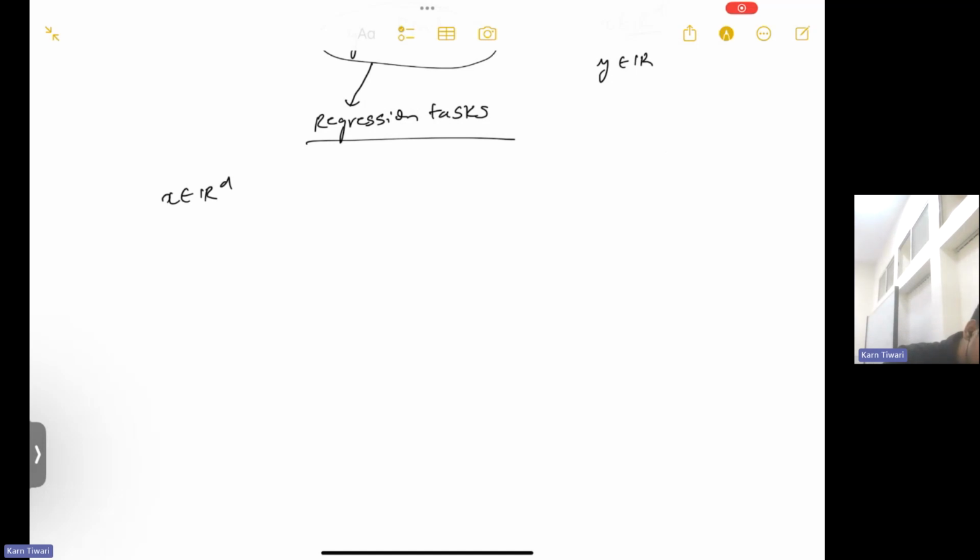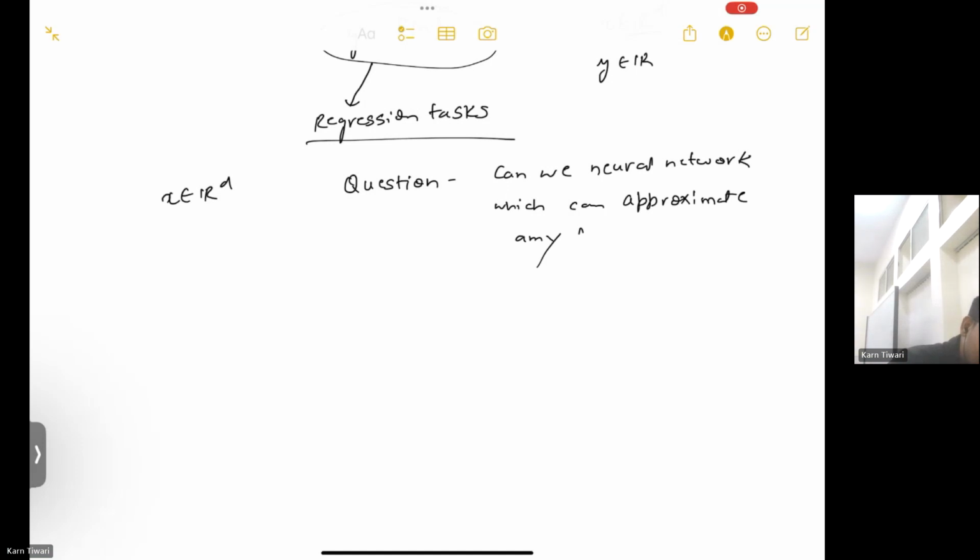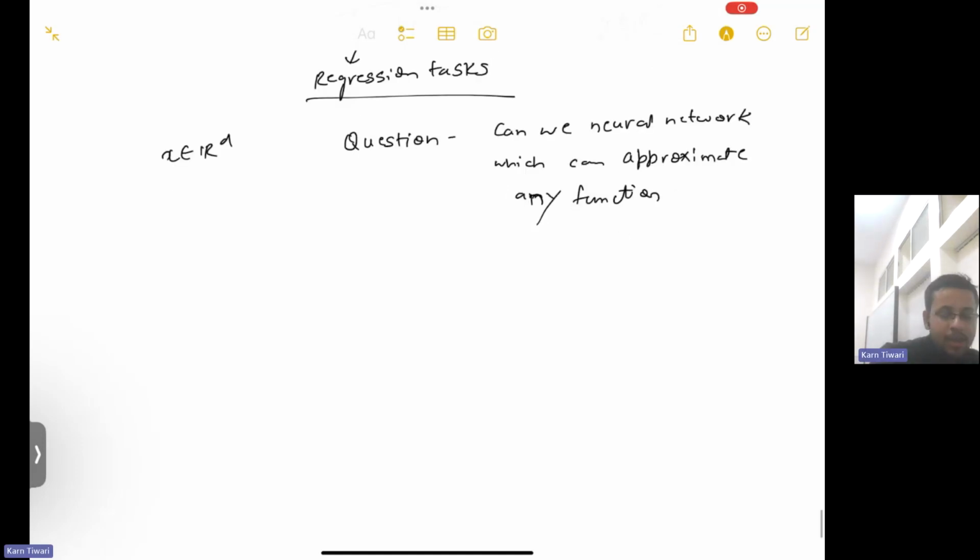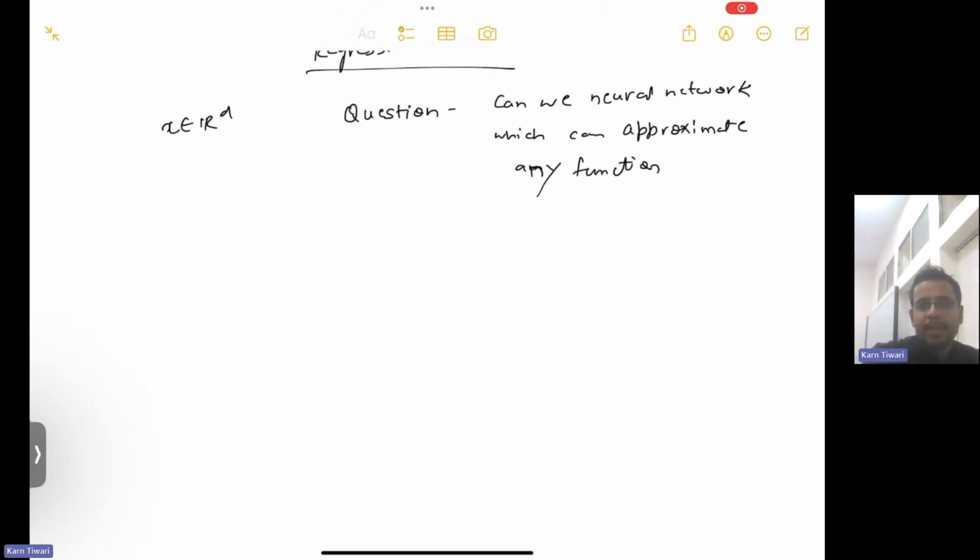So the natural question which arises is, can we have a neural network which can approximate any function?